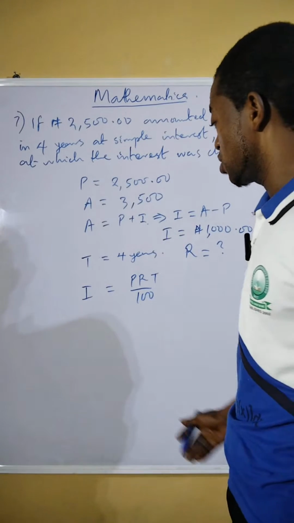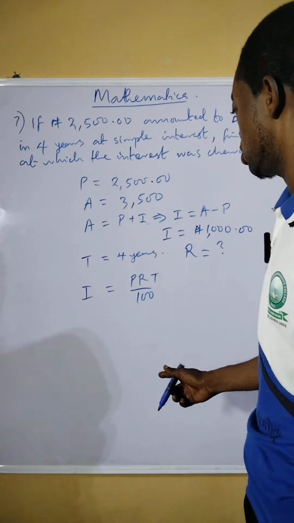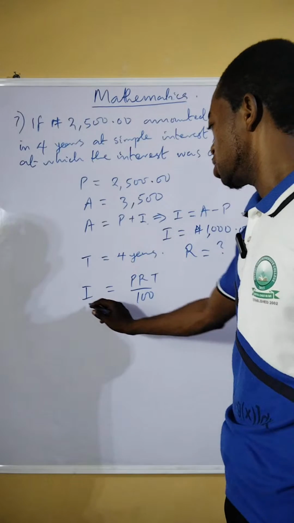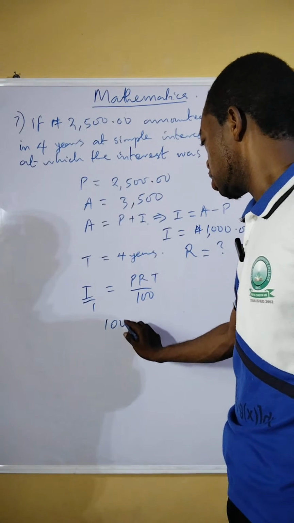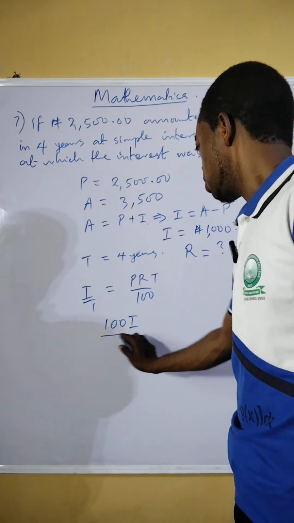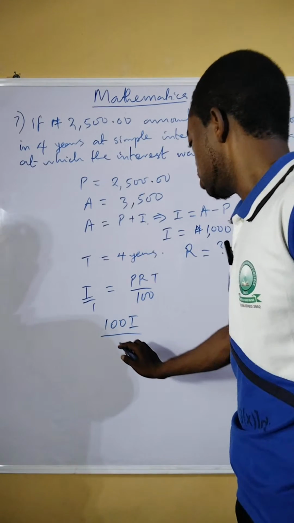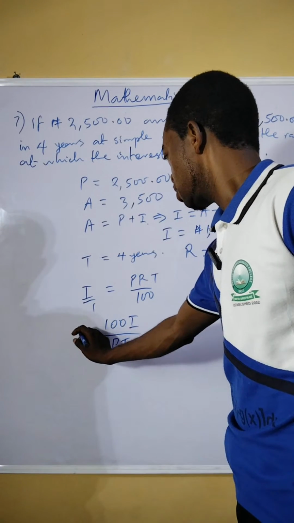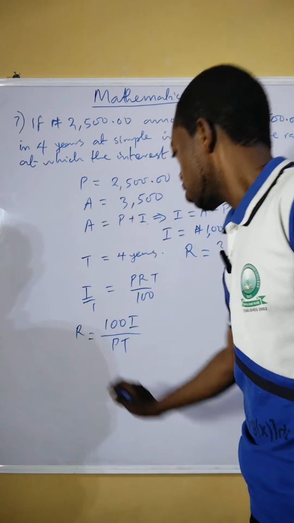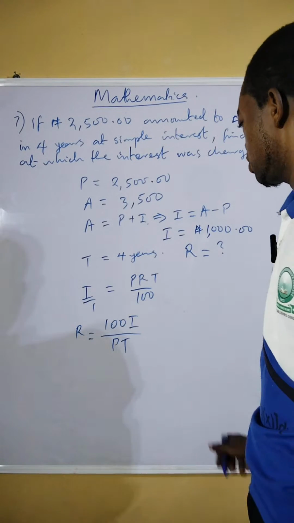So just make R the subject of the formula. When you cross multiply, we have 100I over PT. So R equals 100I over PT.